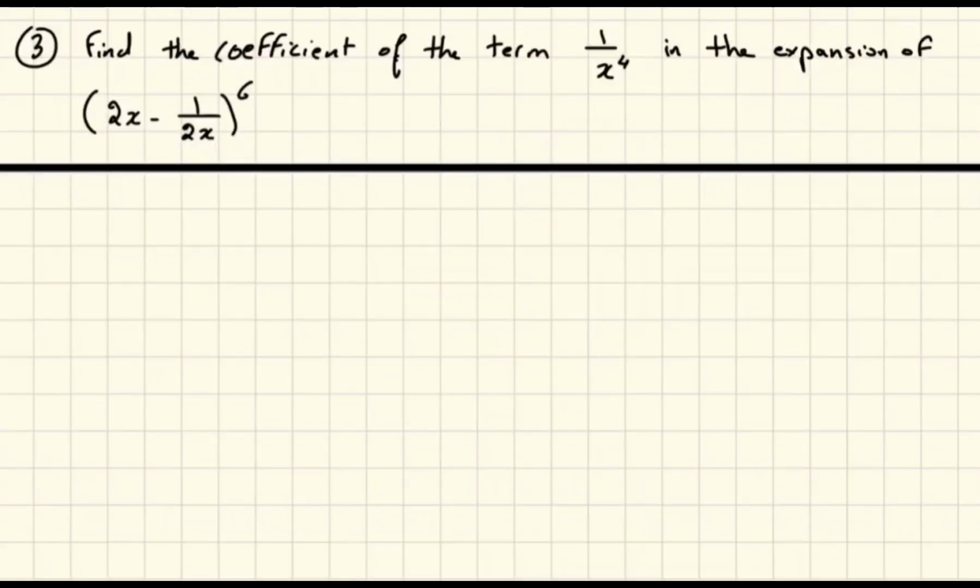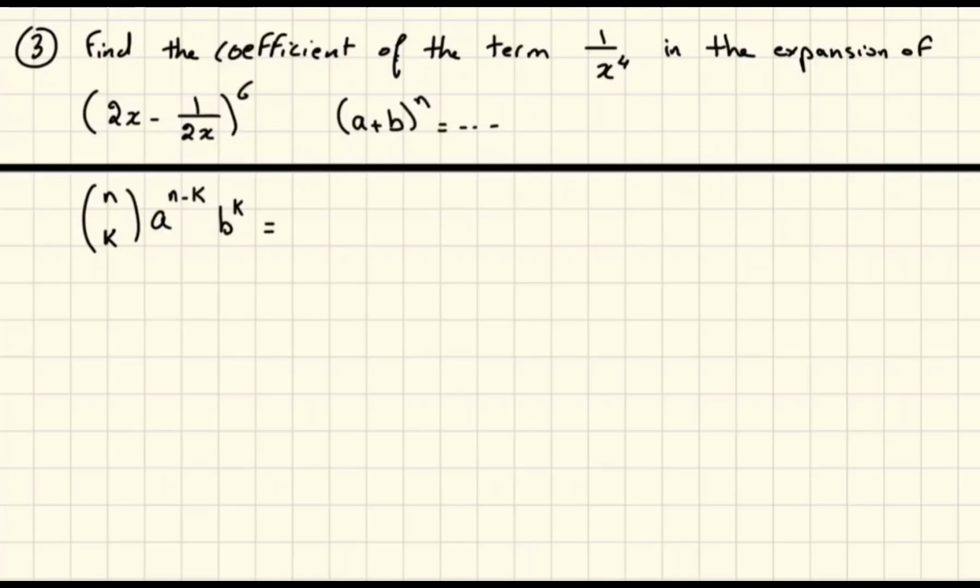Now if we have a question which is: find the coefficient of the term 1 over x exponent 4 in the expansion of (2x minus 1 over 2x) exponent 6. So again, I need to use (a plus b) exponent n, and we know the rule for this. So I'm going to use the general term, which is nCk a exponent n minus k, b exponent k.